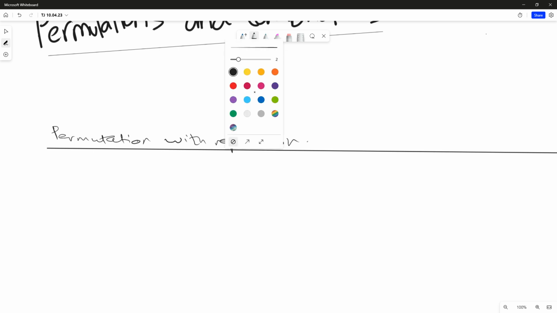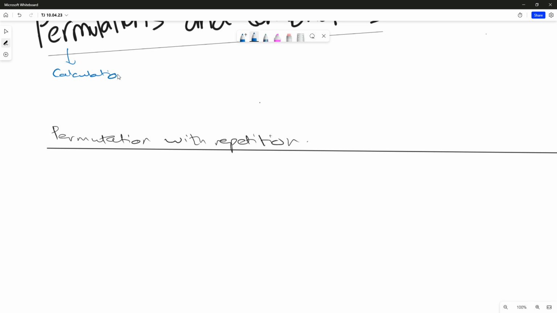By definition, a permutation is a mathematical calculation giving us the total number of ways a particular set can be arranged.